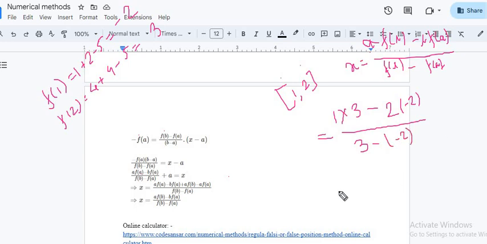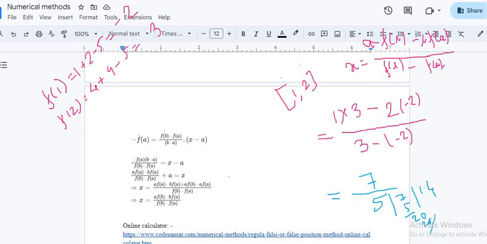So what it gives? 3 plus 2 is 5, and this is 3 minus, and this minus will give you plus. So this is 3 plus 4, 7 by 5.